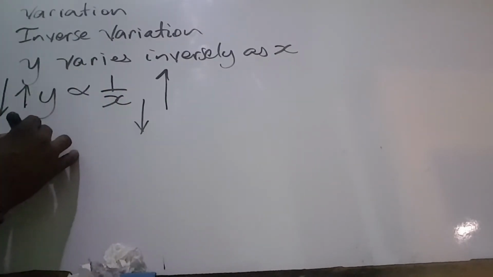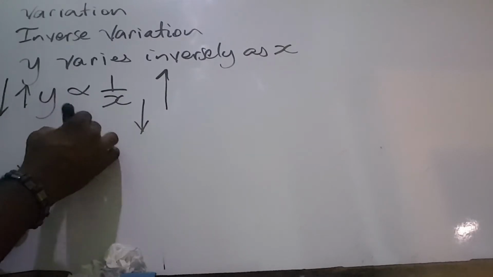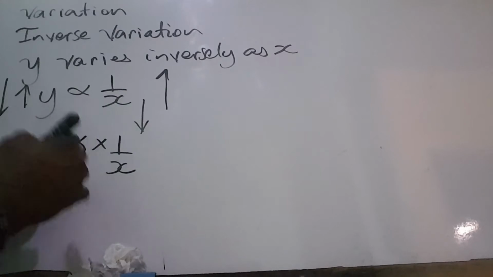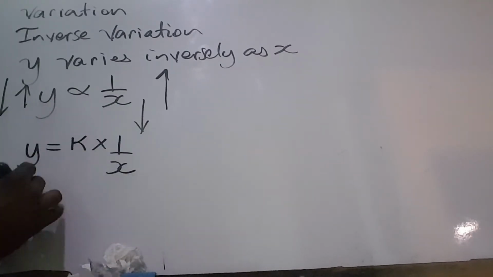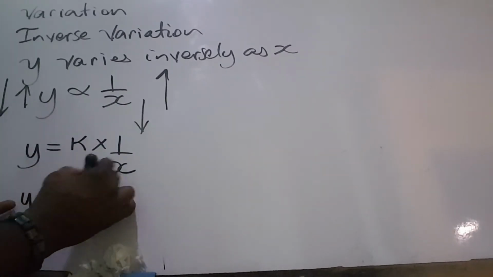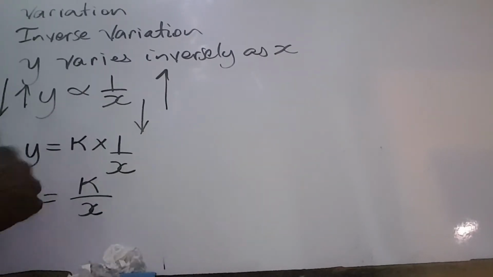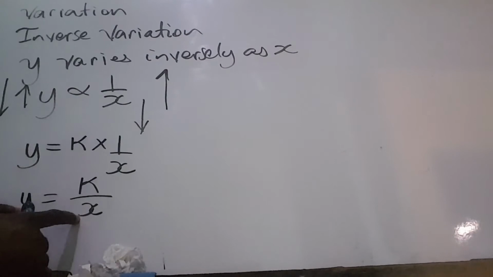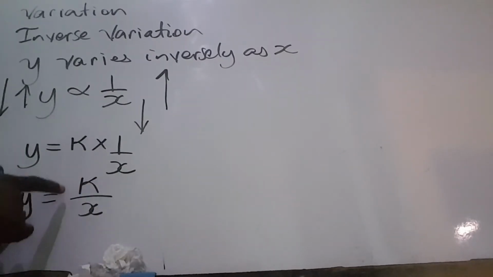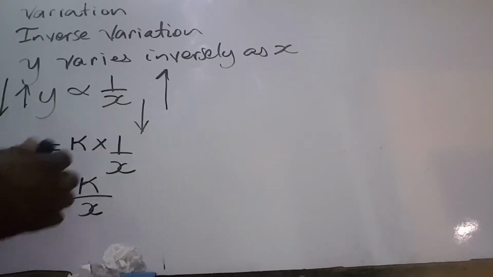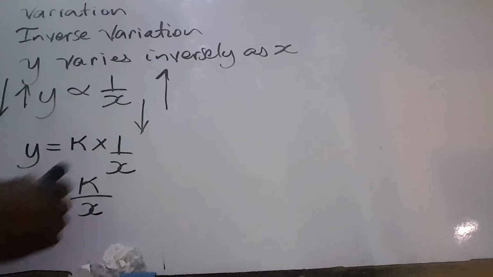Well, basically, y is equal to k times 1 over x. And if we put this together, we will have y is equal to k over x. So this is the idea. The second variable will actually be the denominator of the fraction with the constant. All right, no problem. We can now use this idea to solve problems.